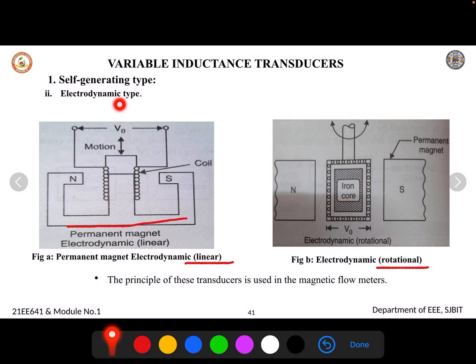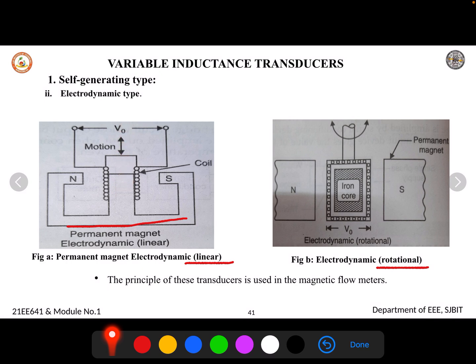Once again the mechanical input will be connected here. Based on the mechanical force applied, the movement of this core is going to happen. Once the core moves, the flux induced is going to change, hence the inductance is going to change. Based on that, the output voltage is also going to change. This is for a linear variation.